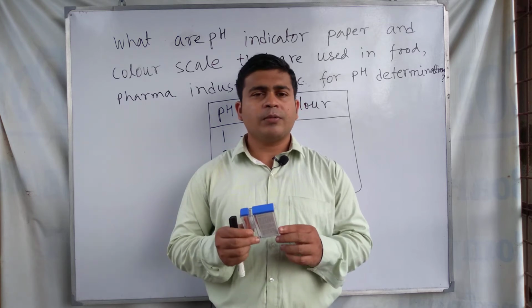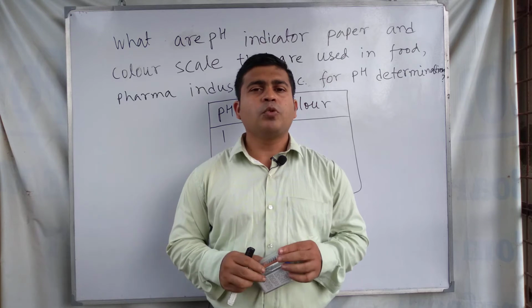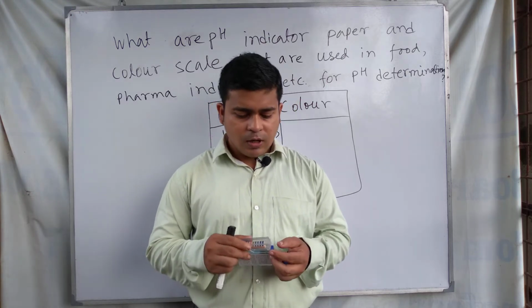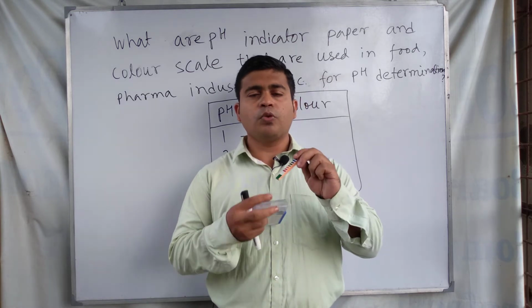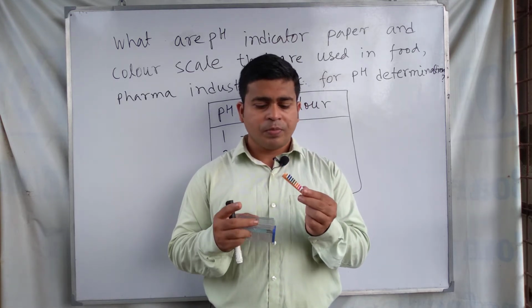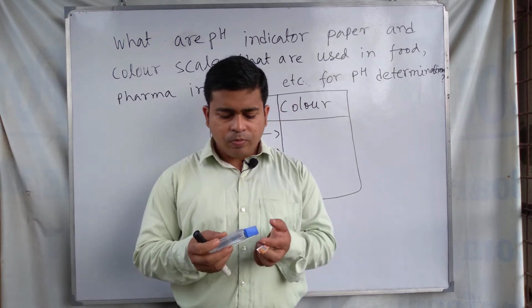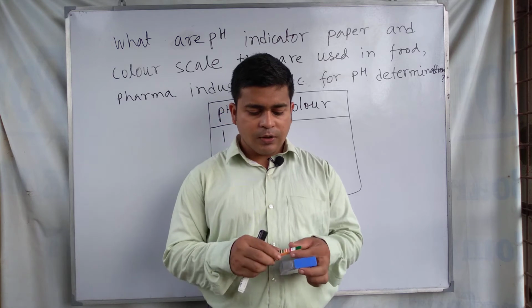These are booklets of papers, I would like to show you this one. This type of booklet of indicator papers is available in the market, and with it comes the color strip.